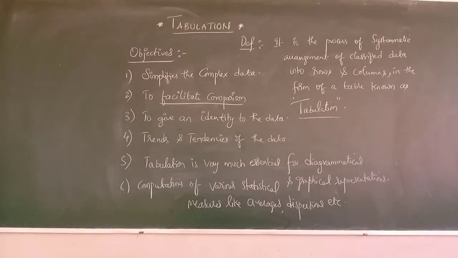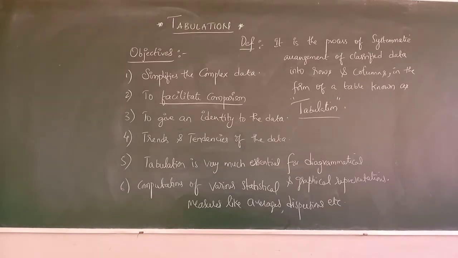Please check out once again. Objectives of tabulation. There at the corner I have given the definition, and these are all the objectives of tabulation. It simplifies the complex data, difficult data can be easily managed and simplified, and to facilitate comparison, as you all know that statistics itself is to facilitate comparison, right? Everywhere, every corner.